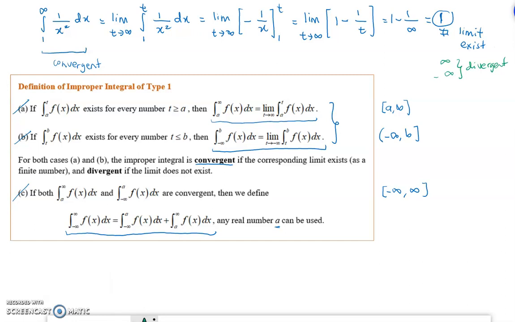For this third case, the integral on the left-hand side is said to be convergent if both improper integrals on the right-hand side are convergent.